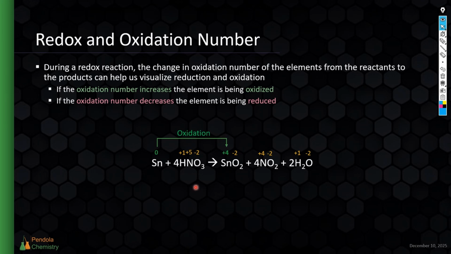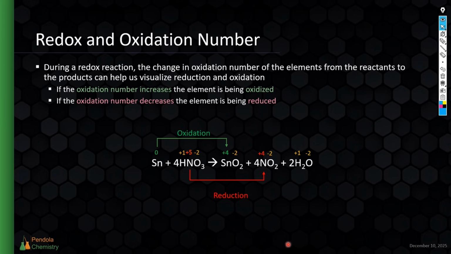On the other hand, if we look at the oxidation number of nitrogen, which is +5, that +5 oxidation number for nitrogen changes to +4 on the product side. So it goes from being +5 in the nitric acid to +4 in the nitrogen dioxide in the products. Because the oxidation number of nitrogen is going down, it's decreasing, we know that nitrogen is getting reduced in this reaction.